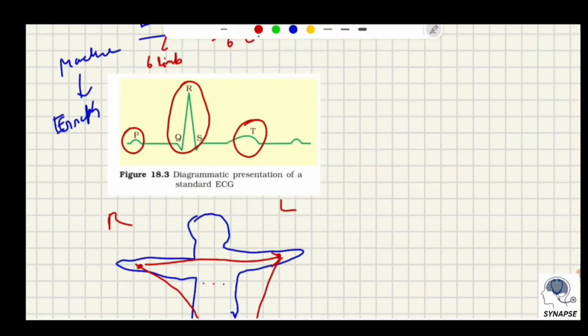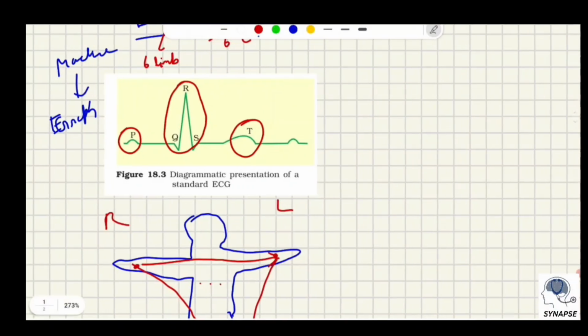P is a positive wave, Q is pointing downwards, a negative wave, R is a positive wave, S is a negative wave, and T is a positive wave. These are based on the electrical activity, how the depolarization is occurring, and how it is received through your different leads.